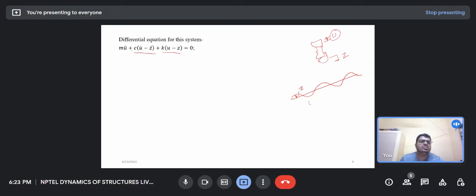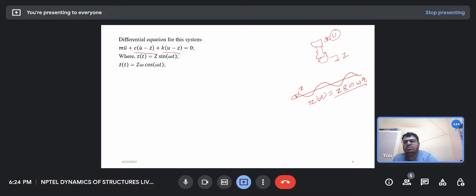The amplitude is given to you as Z. So what is my equation? z(t) is equal to Z sine omega t. If you calculate the velocity, z dot would be Z omega cos omega t.